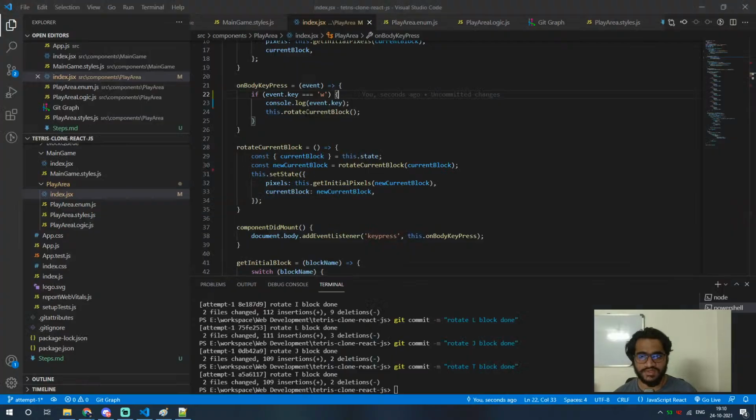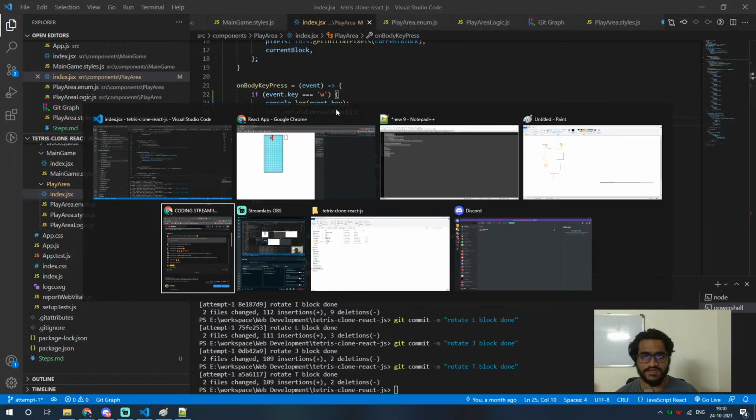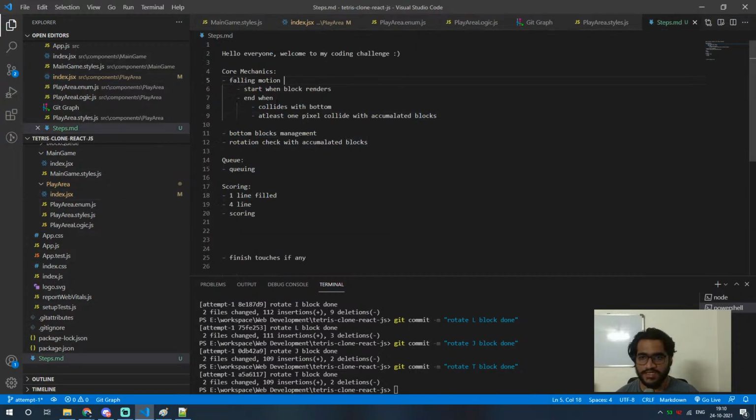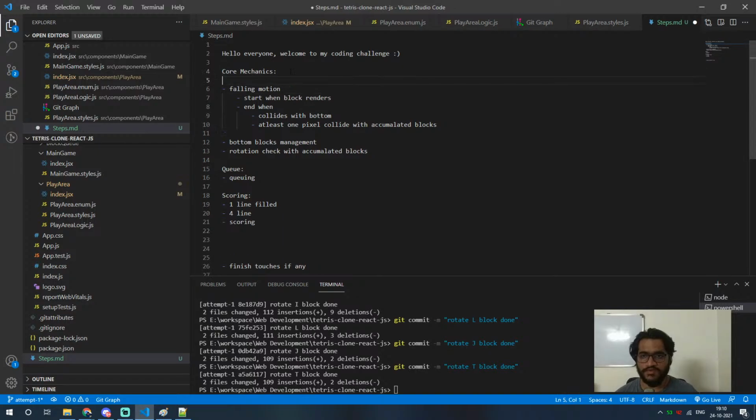Okay, I think we should work on WSD first. I didn't mention it in the steps, right? So before falling motion, changing, I don't know, controls.